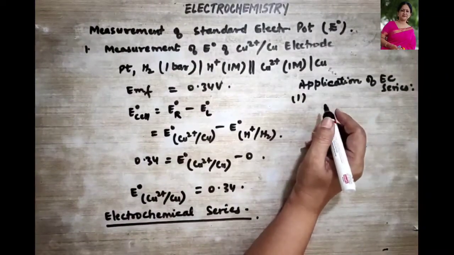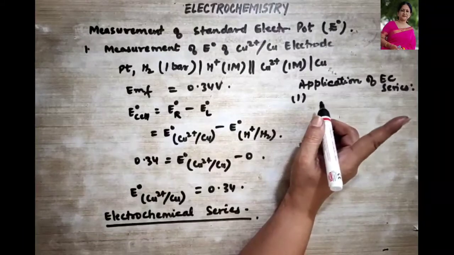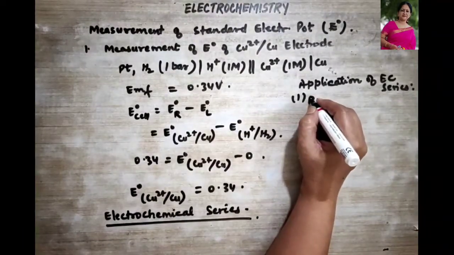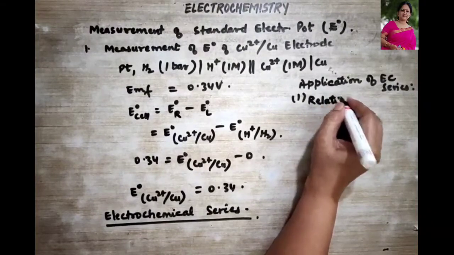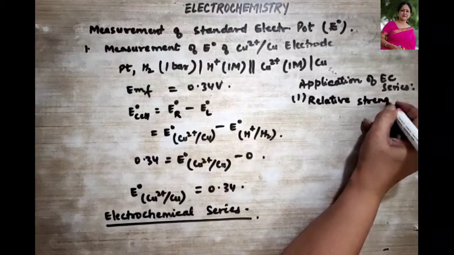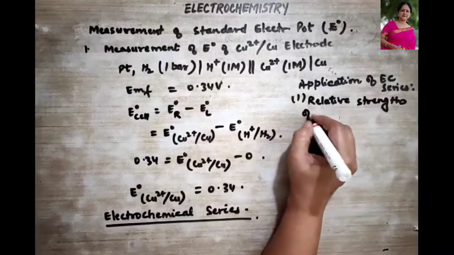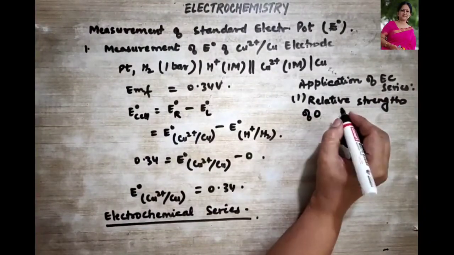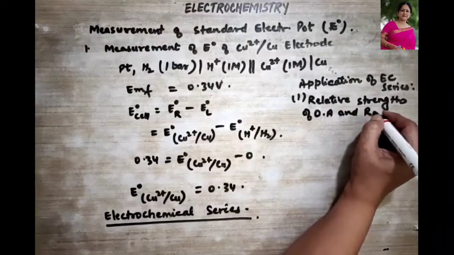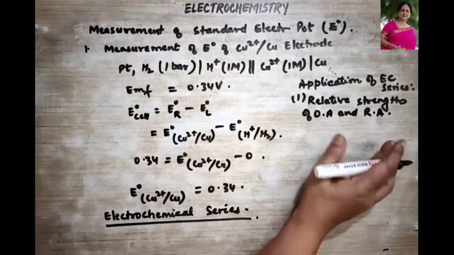So the first point is it gives us the relative strengths of oxidizing agents and reducing agents, right?